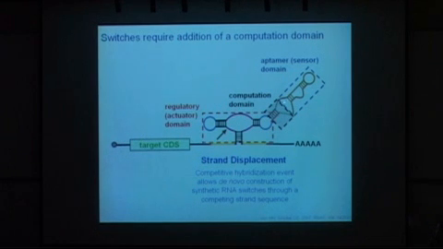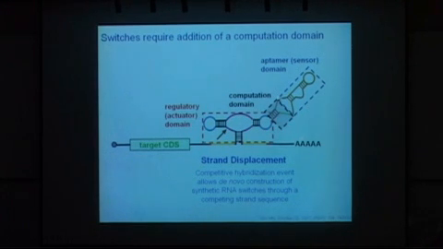And so what you see here is that we're going to be using competitive hybridization events between two strands, a green strand and a red strand, that are going to compete for binding to this section of the computation domain. And depending on which strand is bound, you're going to get a different functional state of the device. The reason that this is an important design aspect is that there are computational programs that allow us to predict the secondary structure, the two-dimensional folding properties of an RNA molecule.